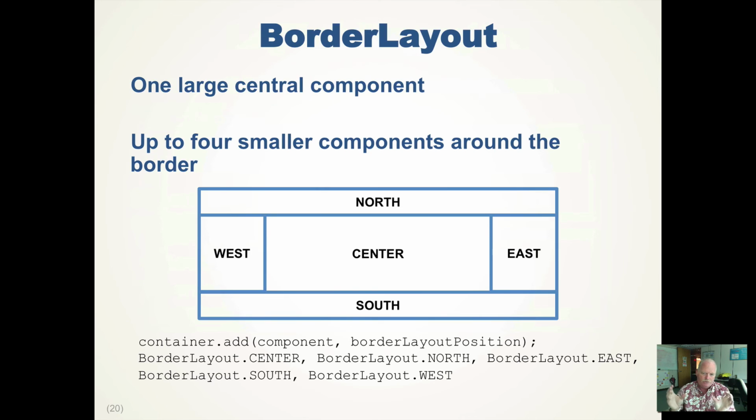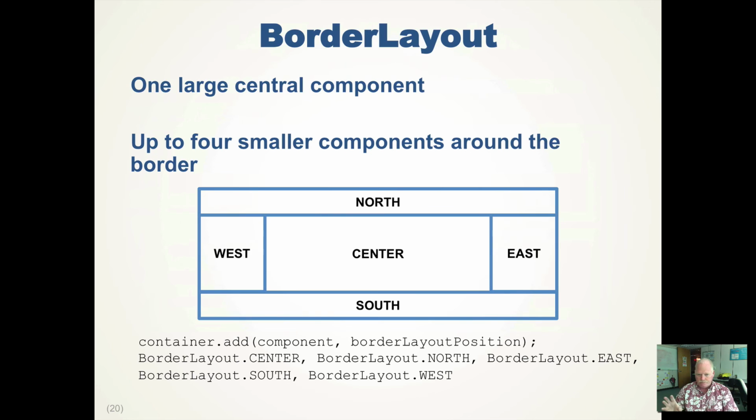The opposite is true with west and east. As you make the window more horizontal, west and east don't grow in size, center grows in size. West and east stay there, keep their width. So that's an interesting way of managing your layout, and it's very powerful.